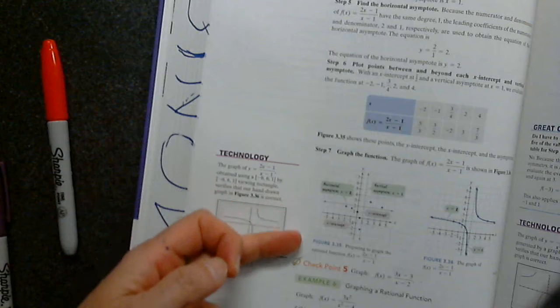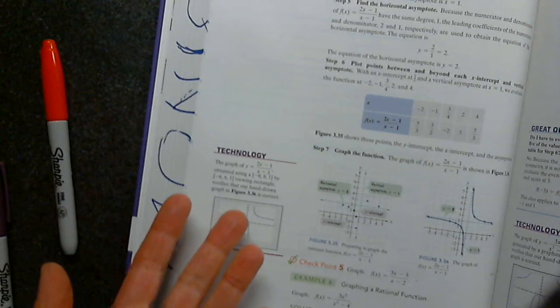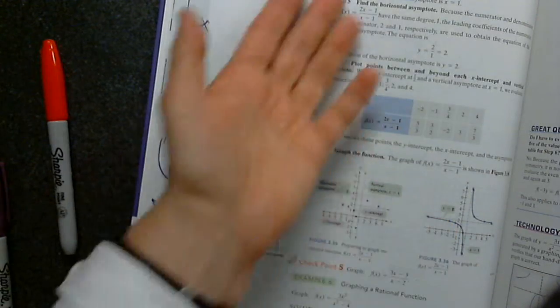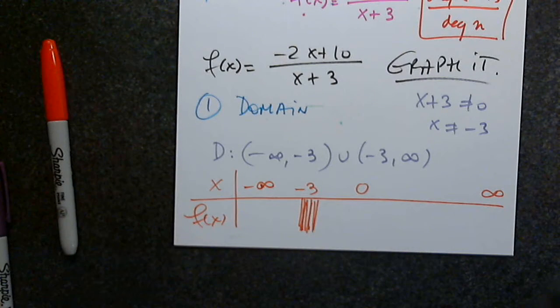Okay, so they say, step 1, step 2, step 3, step 4, step 5, step 6, 7. And they come up with a graph. But they don't summarize anything. How can I come up with a graph without putting everything that I know together or that I found about the function? So we're going to summarize the information in a table. The same table we used for polynomials. Nothing different here.